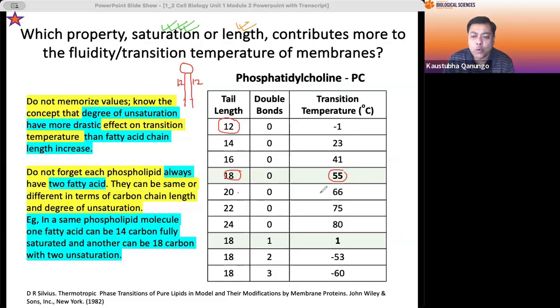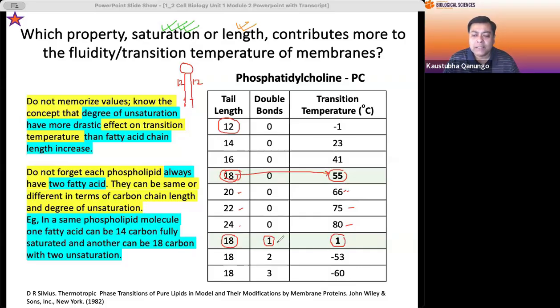And so on, say 20, now it is becoming less. 20, then 66, 22, 75, 24, 80. But see that you have an 18 carbon length, right here, and you just added one unsaturation, and from this 55 degrees, it dropped to almost close to 1 degree.